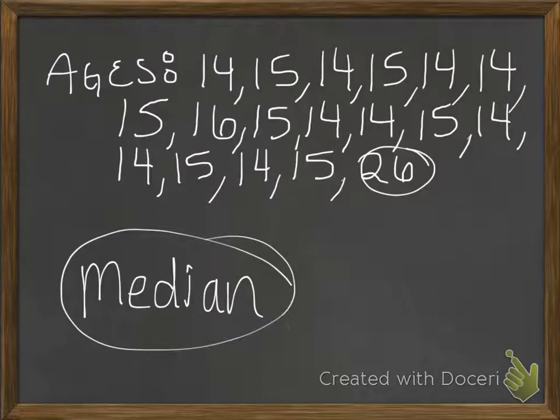This is because mean is a way to find average, and this 26 is going to throw the average off quite a bit. Whereas when we're talking about median, it's really not going to affect the middle value too much.